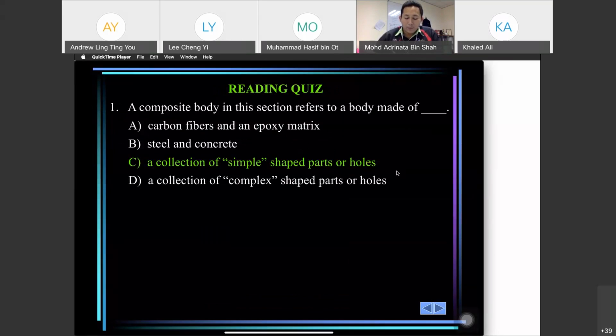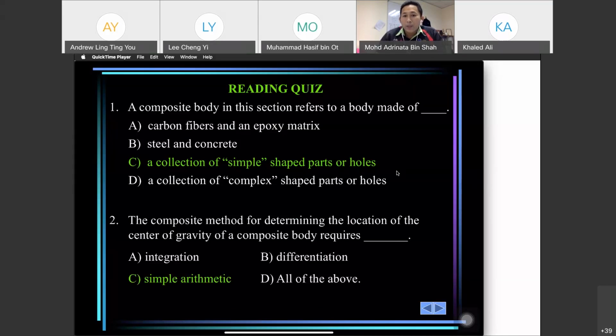Simple shapes, which I have explained previously, are triangle, square, rectangle, rather than complex shapes. If you have a complex shape, you need to use the integration type to get the center of gravity. The composite method for determining the location of the center of gravity of a composite body requires simple arithmetic.